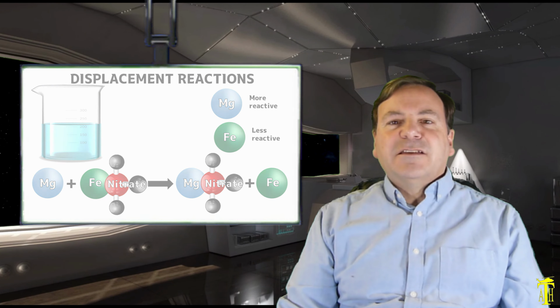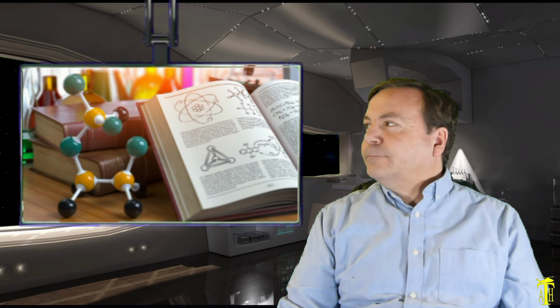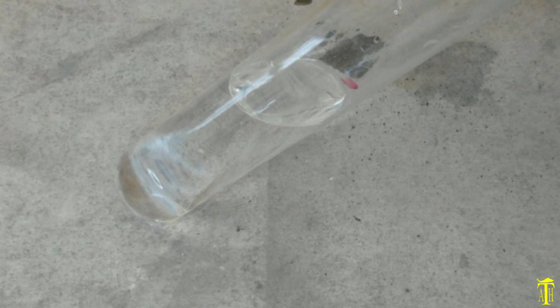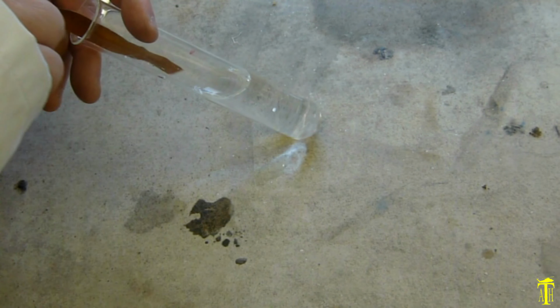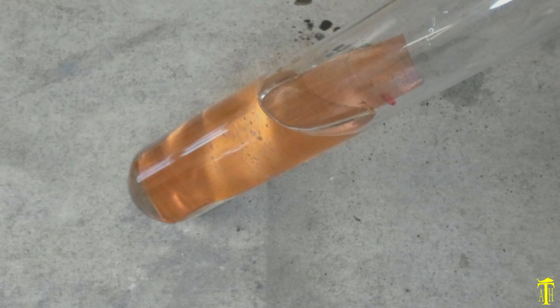Let's have a look at an example to help us understand what's going on. Here we have some silver nitrate in solution, and I'm adding to it a piece of copper. As you can see, fairly quickly a reaction starts to happen.